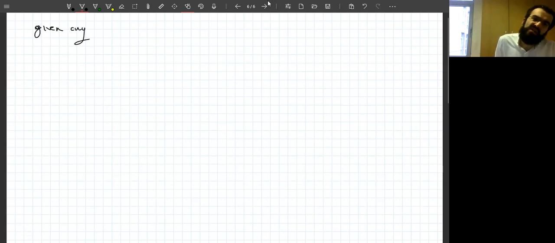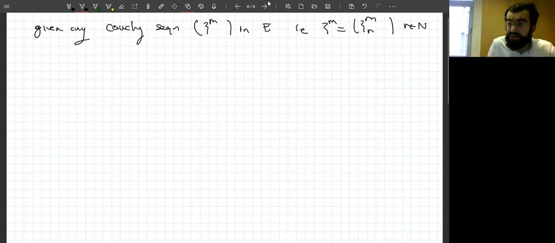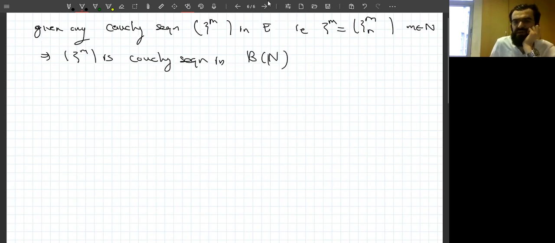Given any Cauchy sequence psi_m, say psi_m in E, i.e. psi_m equals (psi_n^m), and we can write like this for all n in N. This implies psi_m is in fact a Cauchy sequence in our set of bounded sequences, but it is complete.